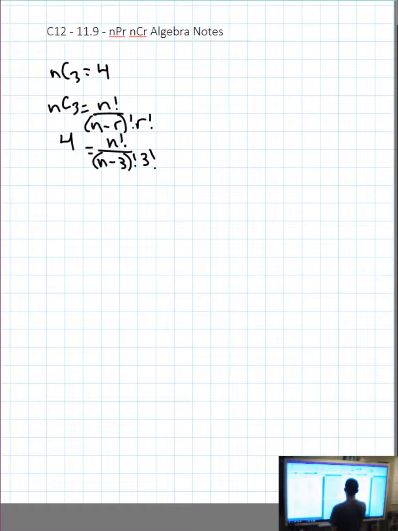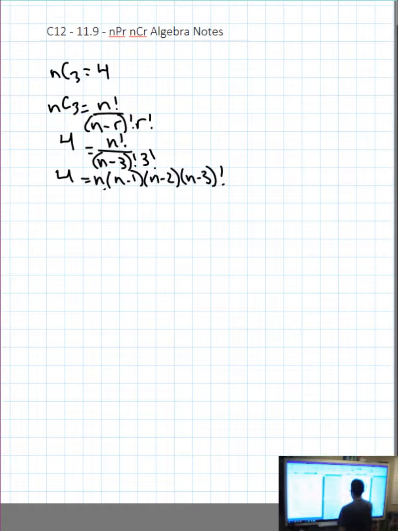And then I can expand it. So 4 equals, and I can expand the bigger one, which is the top, which is n times n minus 1, times n minus 2, times n minus 3, and then I can close the factorial because I have an n minus 3 factorial on the bottom.